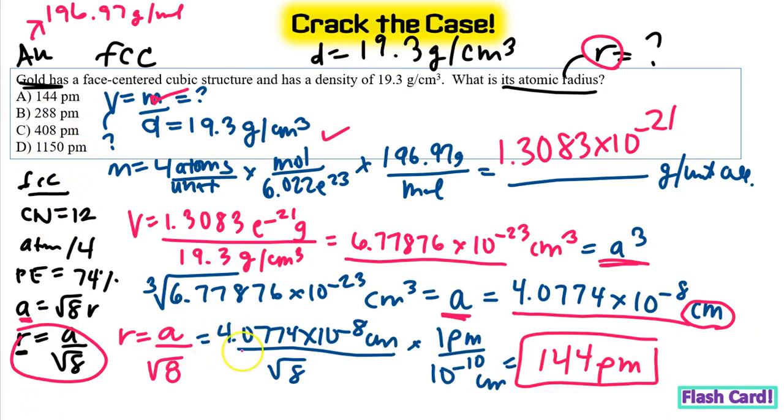So I have my 4.0774 times 10 to the negative 8 centimeters divided by the square root of 8. And I'm going to multiply by my conversion factor. 1 picometer is equal to 10 to the negative 10 centimeters. So the centimeters are going to cancel, and I'm left with my answer in picometers, which is 3 significant figures based on the density number that was given. So that is 144 picometers, which is going to signify letter A, okay?